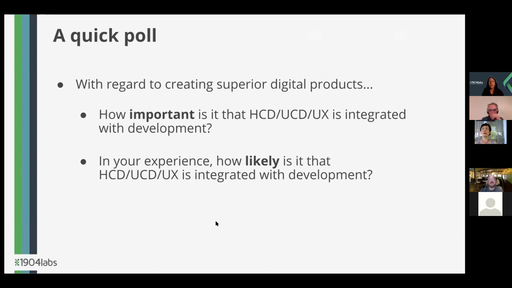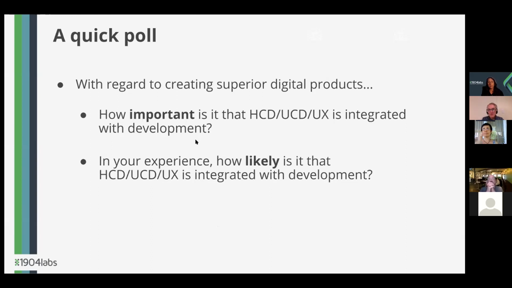All right, so we got a little bit of a bimodal distribution on the first one. There's a couple of very unimportant, but it looks like the greatest number by far is important or very important with regard to integrating HCD or UCD with development. And then in terms of experience, how likely has it been for you all?